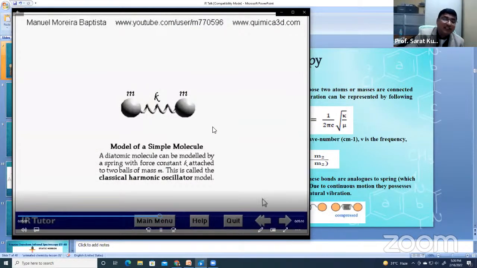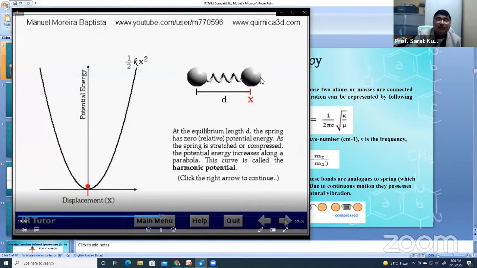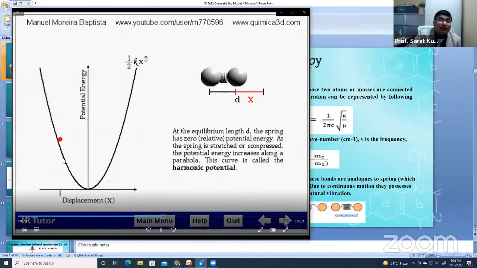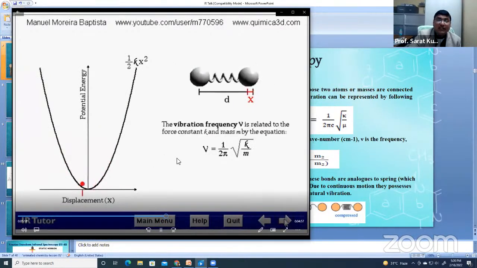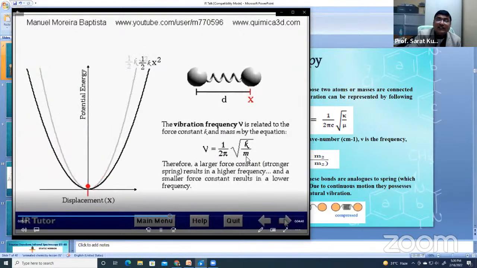The basic change: see the model of a molecule. If we put the model of a molecule at the equilibrium length, there is a harmonic potential. We know this theory, you have studied it in physical chemistry and also in physics. The frequency, mu bar, is 1/2 pi root over k by m, where m is the reduced mass and k is the force constant.